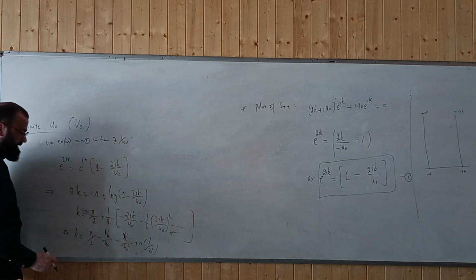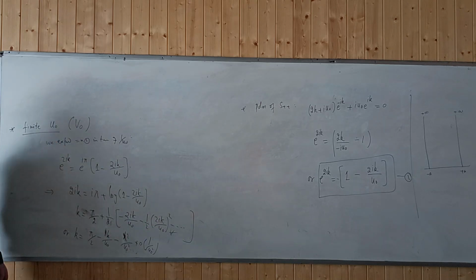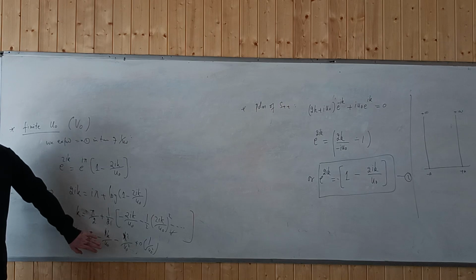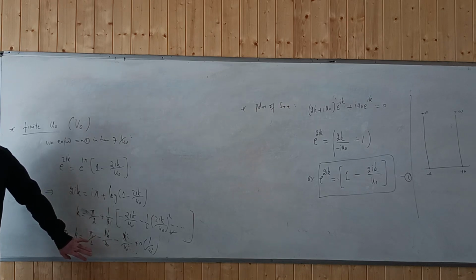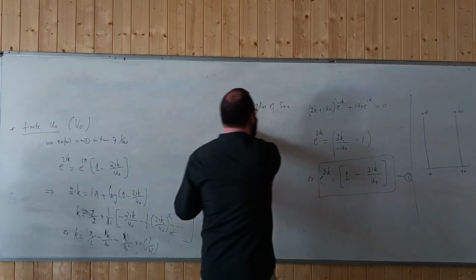Now we have to solve this very equation. It's again a transcendental equation, but in a perturbative manner. I will just take the linear order of this equation and solve for the linear case. So let's figure out the solution in the linear case.